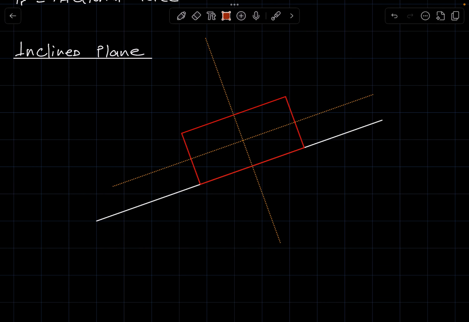The Cartesian plane essentially moves with the inclined plane, where you find that the horizontal axis is parallel with the inclined plane, and the vertical axis is perpendicular to it. So this is what we have here.